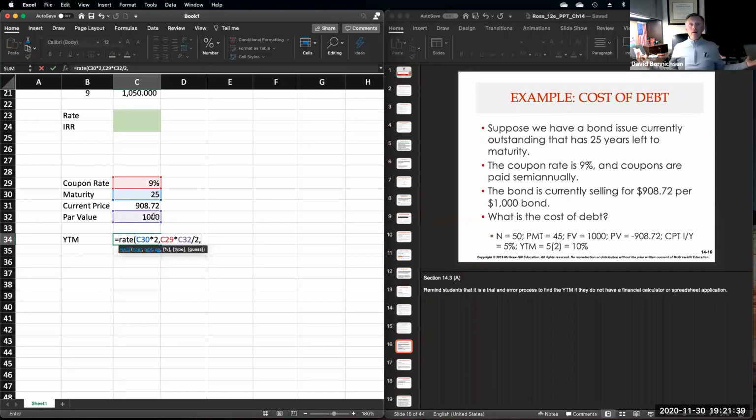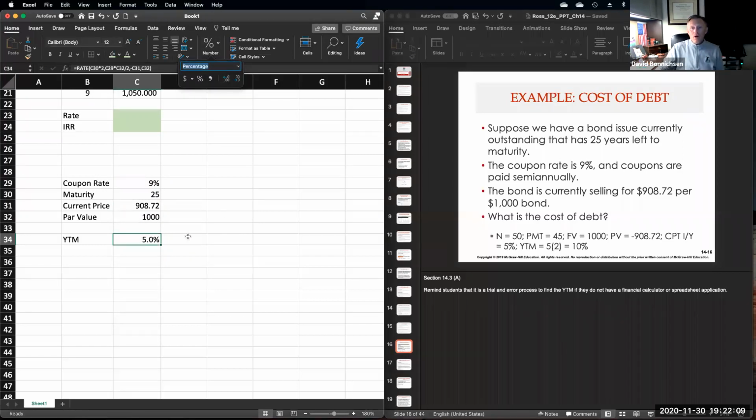What's the present value of the bond? What would we be willing to pay today for this bond? Well, it's the current price. So remember, PVs are negative because it's a cash outflow. So negative present value. And then finally, what do we expect to get in the future, 50 compounding periods from now? Well, we expect to get the par value back. And when we do that, we should get 5%, which is completely correct.